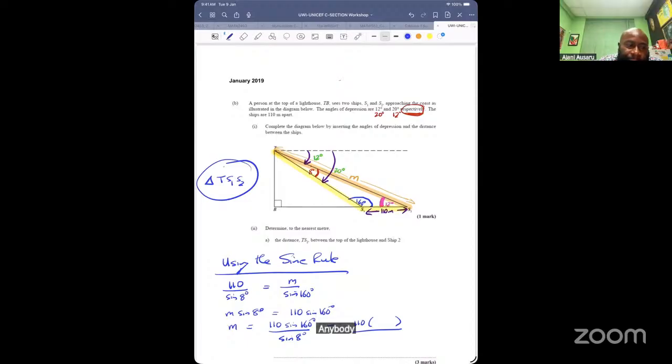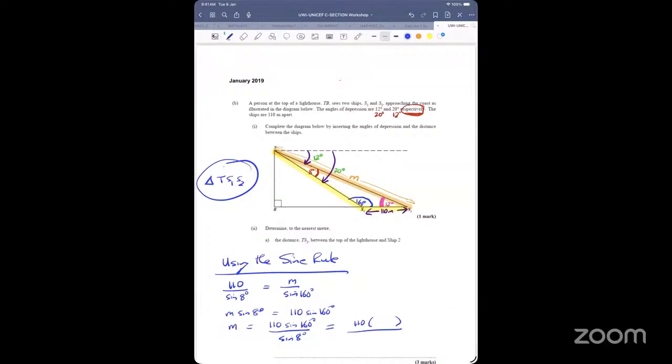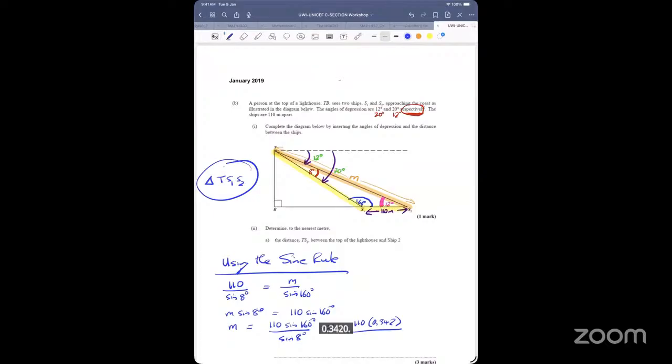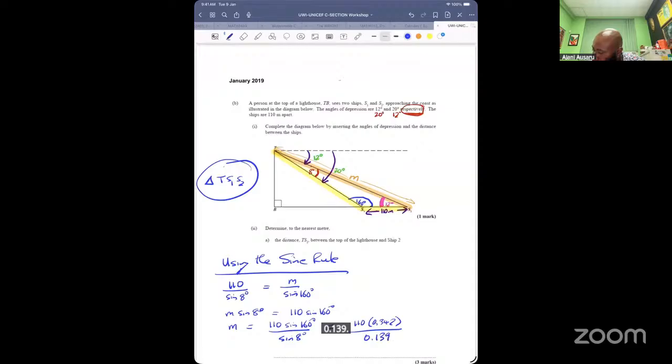Anybody? Practice a calculator. Sine of 160 is equal to 0.342. Let's use 0.342. And what is sine of 8? 0.139.